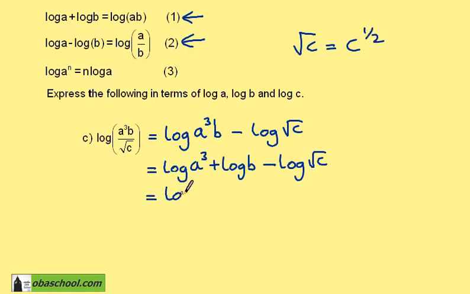So we have log A cubed plus log B take away log C to the power a half.